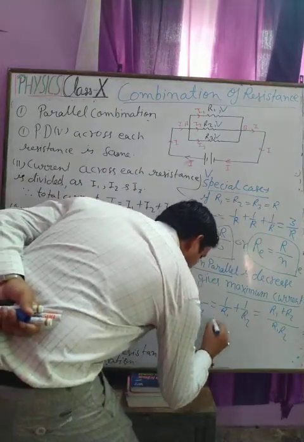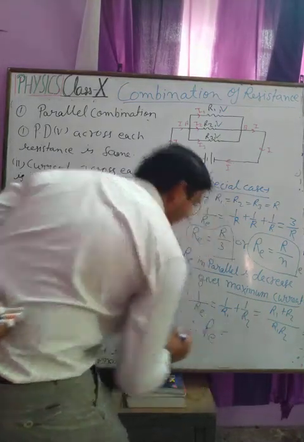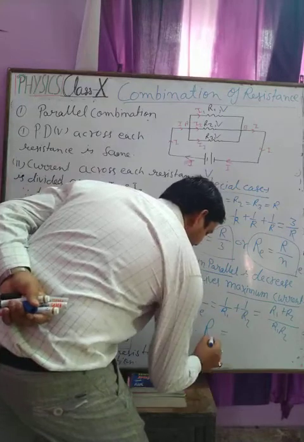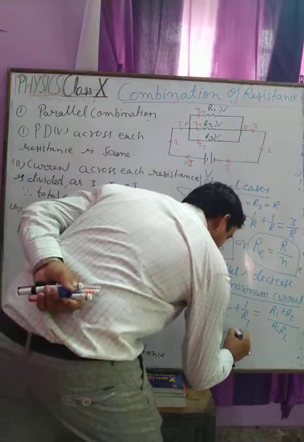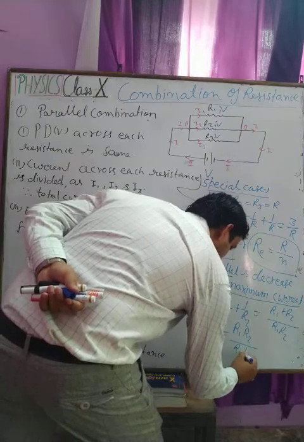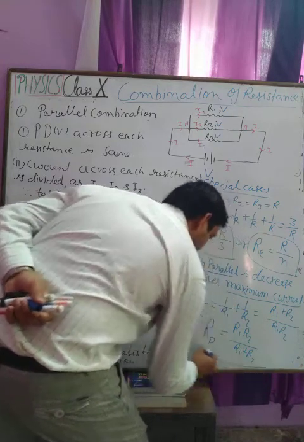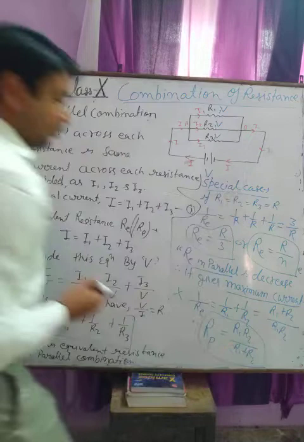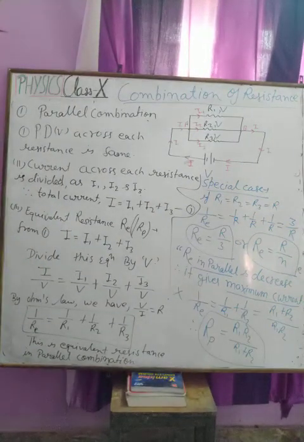Therefore we are using the result Re in parallel combination, that is R1 R2 upon R1 plus R2. So student, copy this all. In the next lecture we are doing numericals on the basis of this combination.